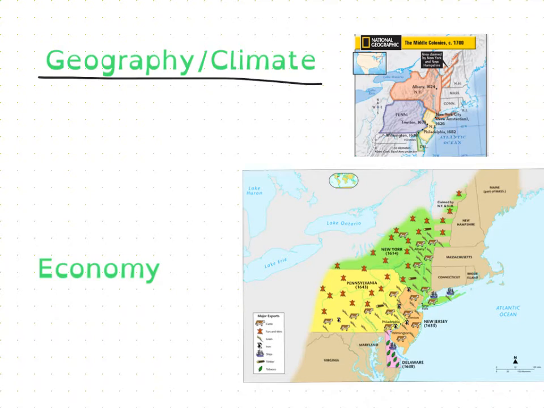So the geography and climate for the middle colonies included very fertile soil. Fertile soil basically means it's good for growing.